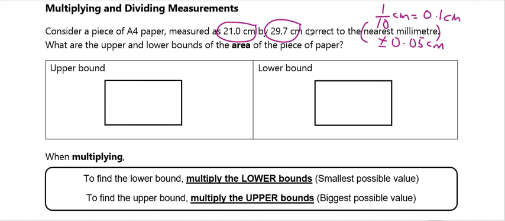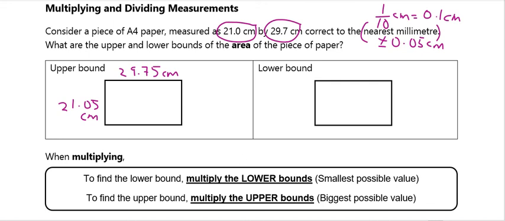Your upper bound will be here, this is the length, so 29.7 plus 0.05 will be 29.75 centimeters, and the upper bound of the width will be 21.05 centimeters, right? The next one will be the lower bound of the piece of paper.